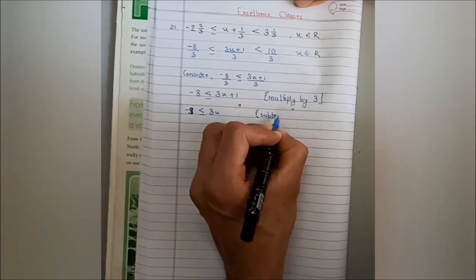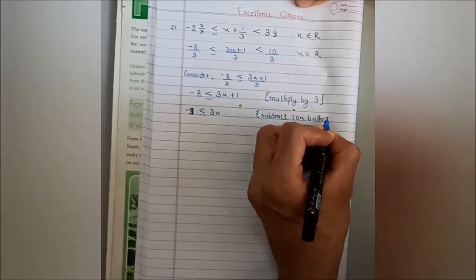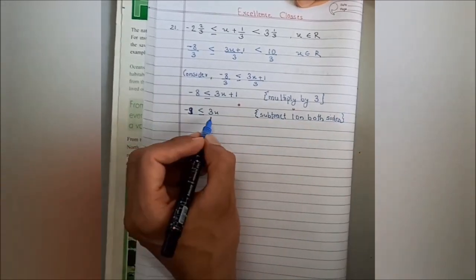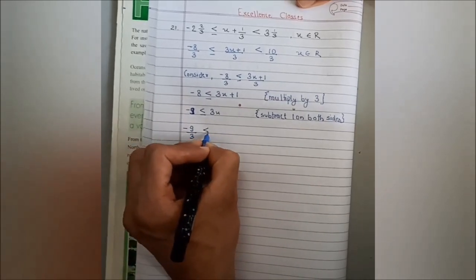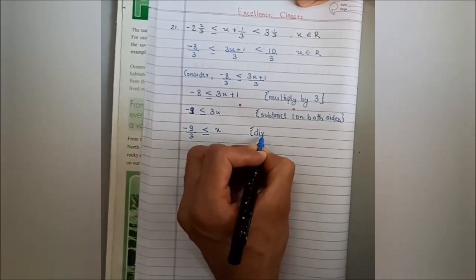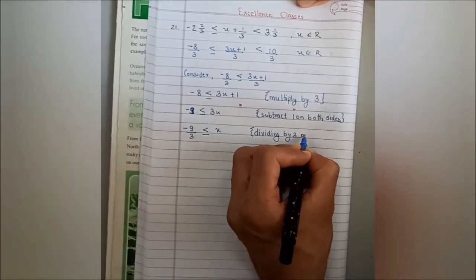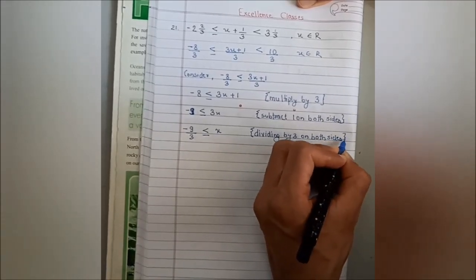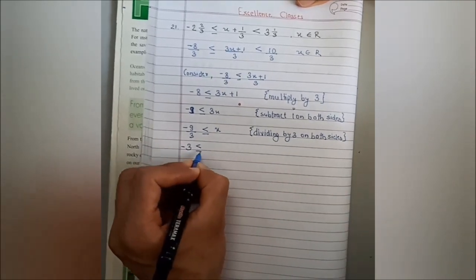Subtract 1 on both sides. Now to remove this 3, divide by 3, so it will be -9 upon 3 less than or equal to x, dividing by 3 on both sides, which gives me -3 less than or equal to x.